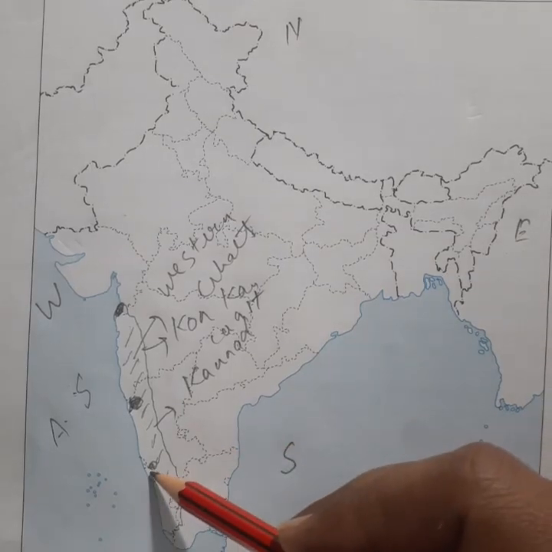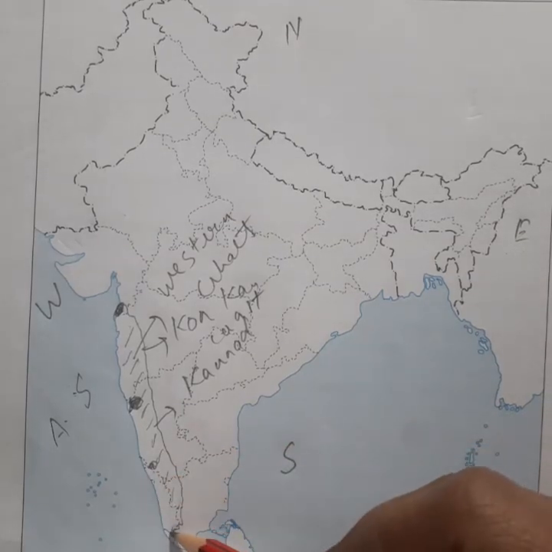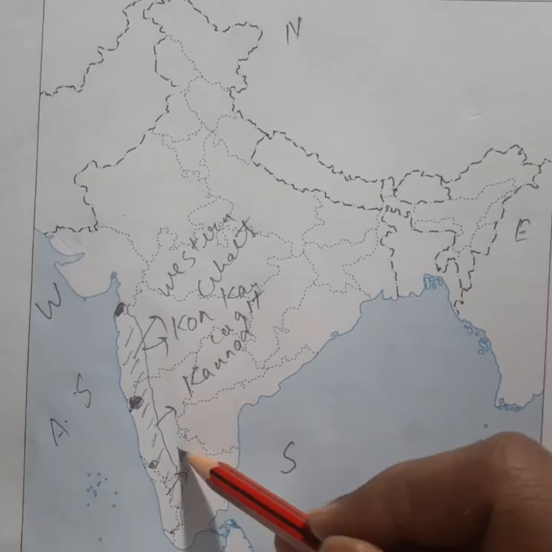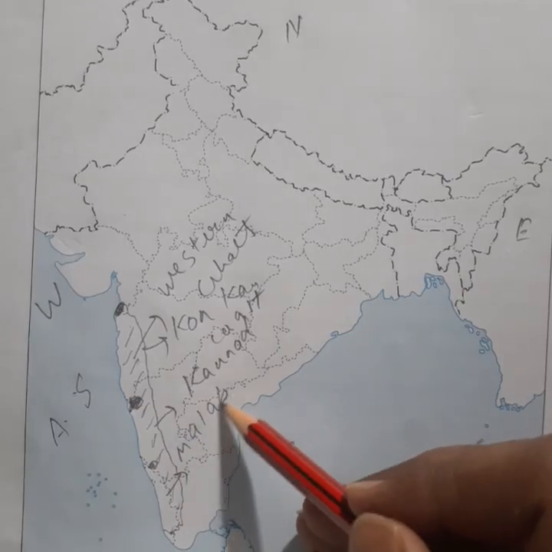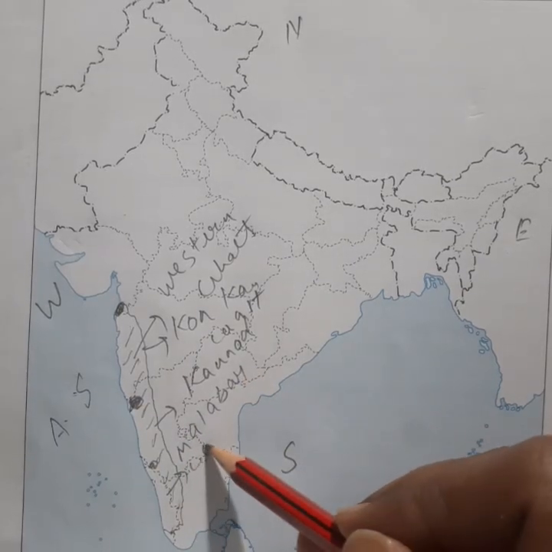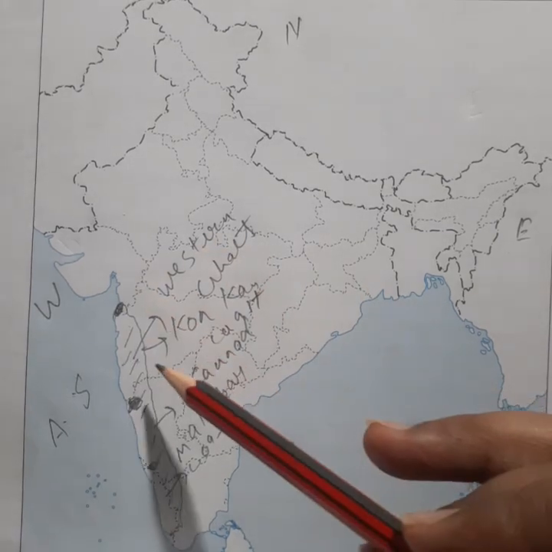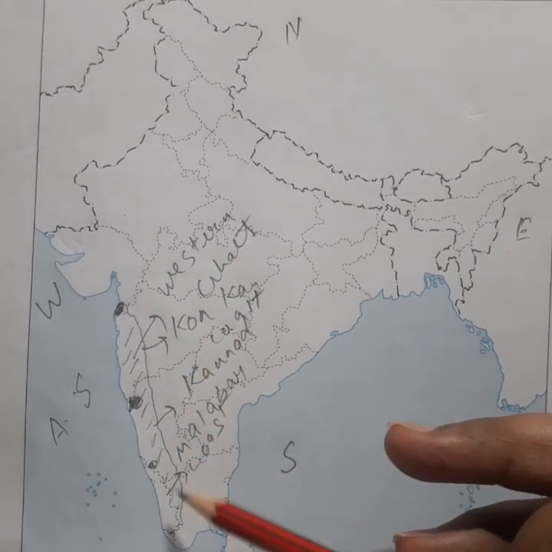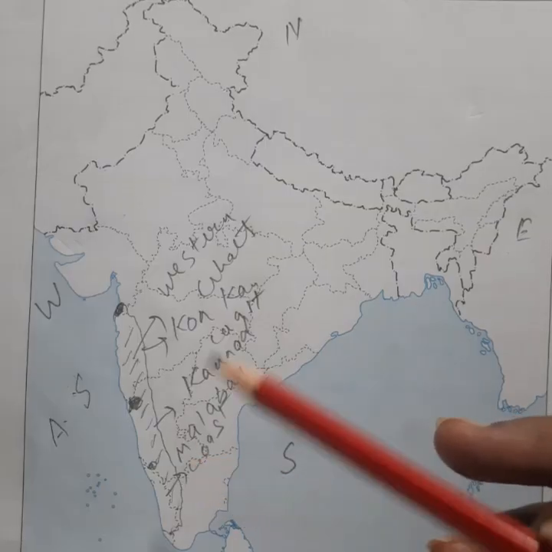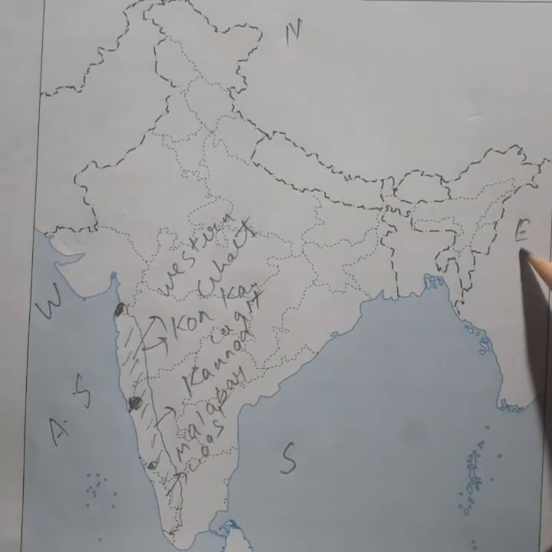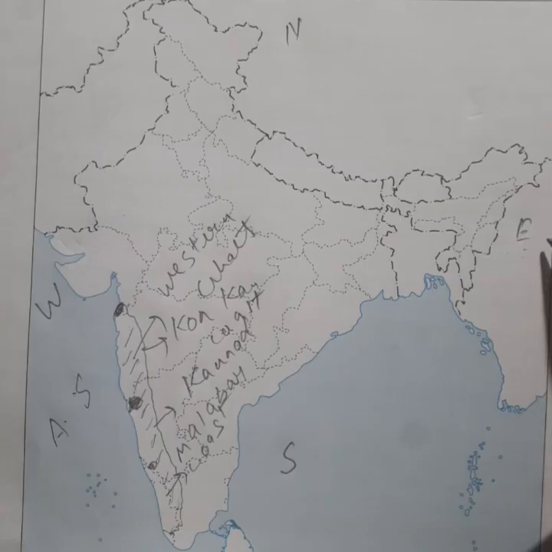The third part, from Kannad up to the Kerala region, is known as the Malabar coast. Right? So now this is the entire location of the Western Ghats on the political map of India. Now if we look at the eastern part, and we have to mark, the question comes, mark the Eastern Ghats on the political map or the physical map of India.